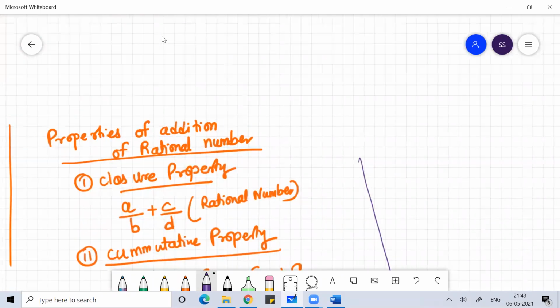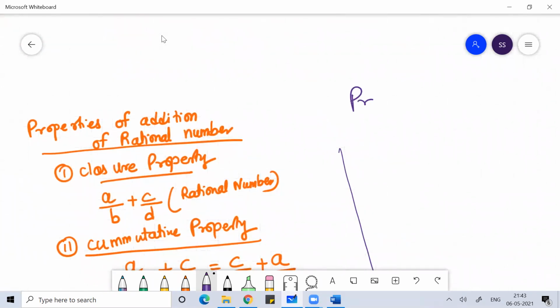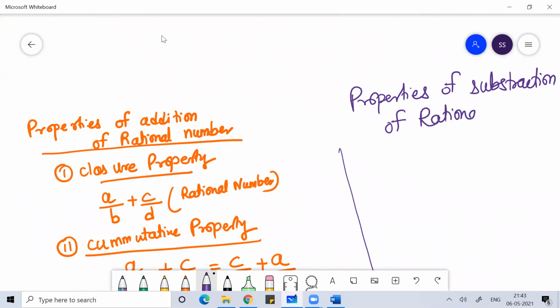Similarly, if I talk about the properties of subtraction of rational numbers, the first thing you can remember is that it follows the closure property.